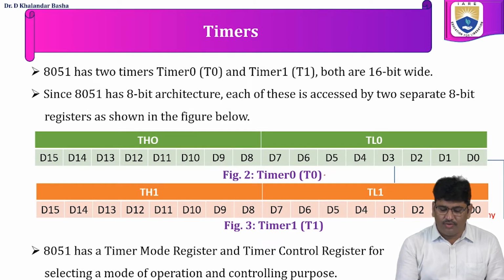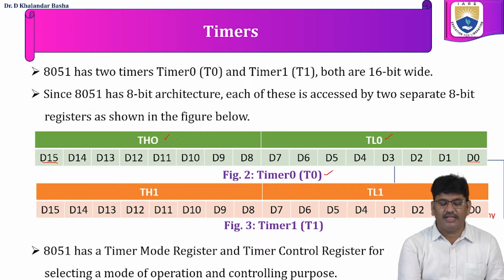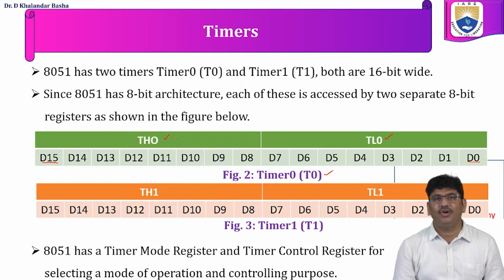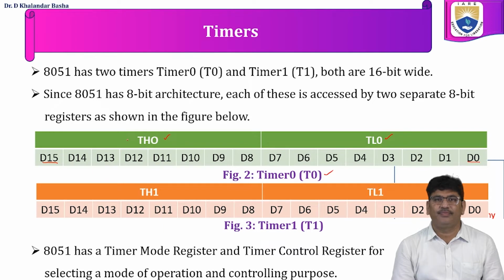Timer 0, that is T0, consists of D0 to D15, which is 16-bit size. These values are moved into two registers, namely TL0 and TH0. TL0 consists of the lower byte, that is D0 to D7 of T0, and D8 to D15 are moved into the TH0 register.